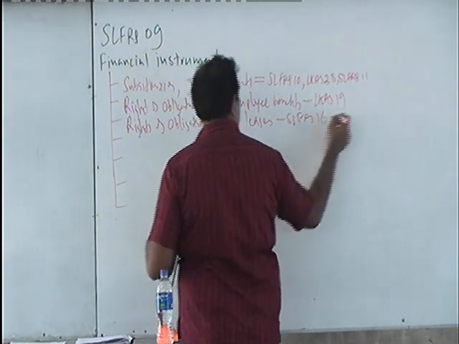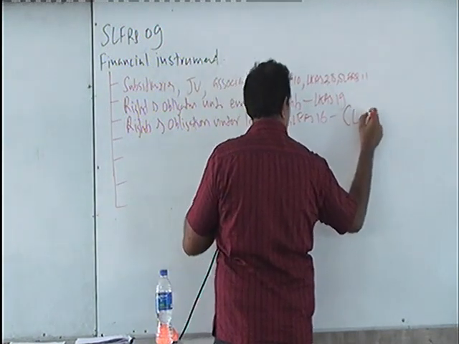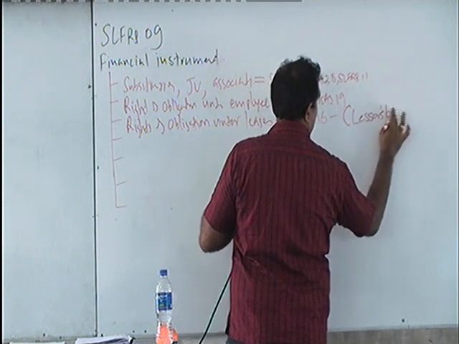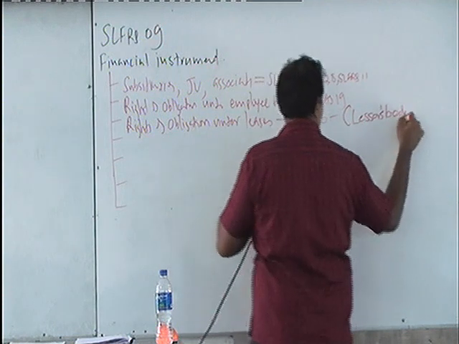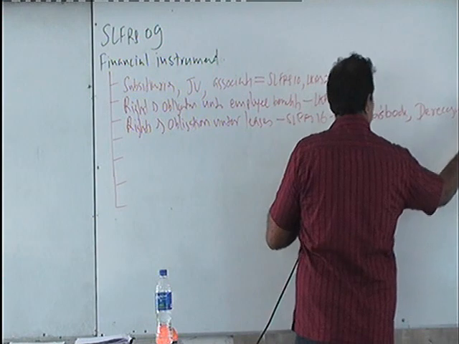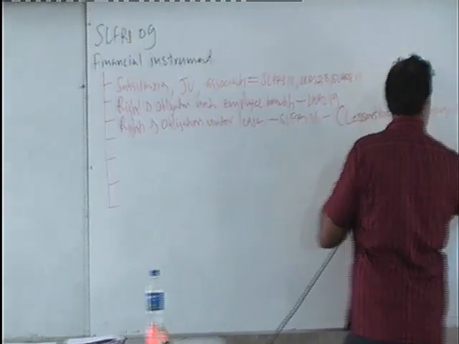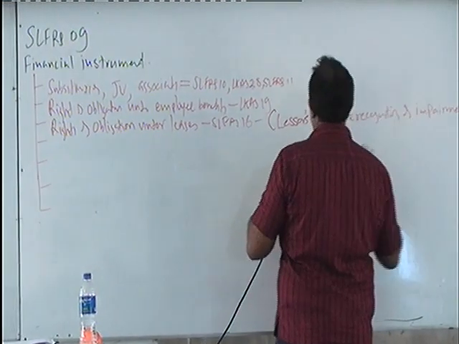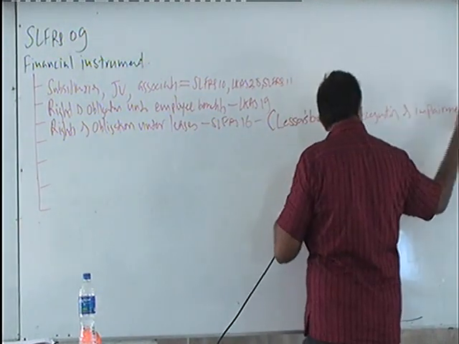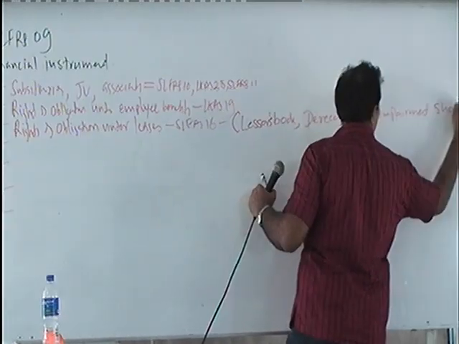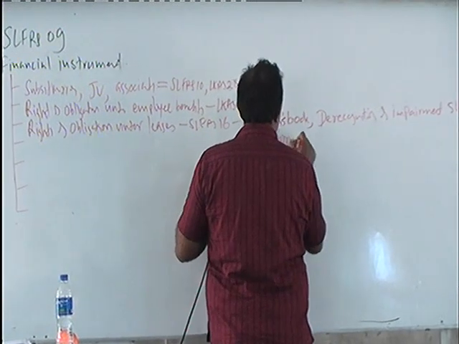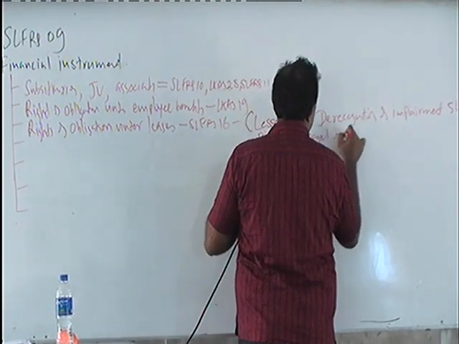Receivable on the lessor's book: derecognition and impairment should be performed based on the standard.